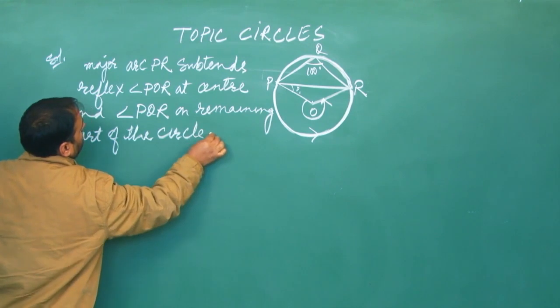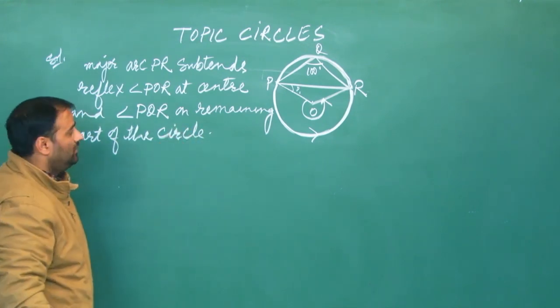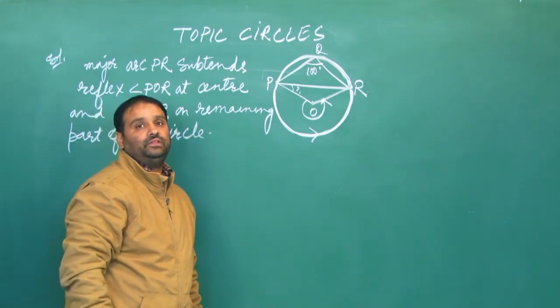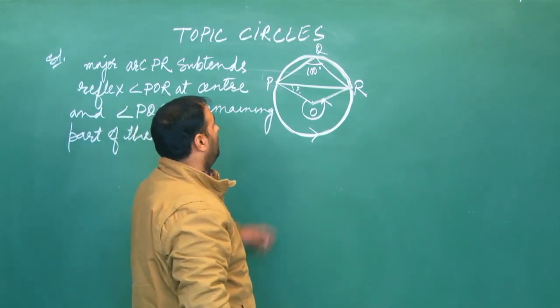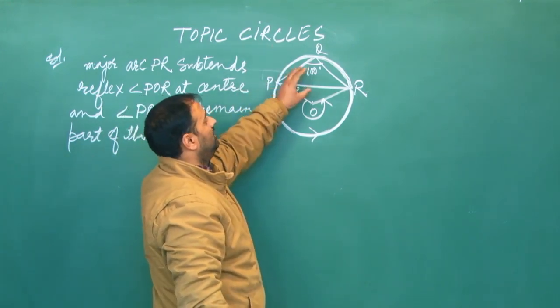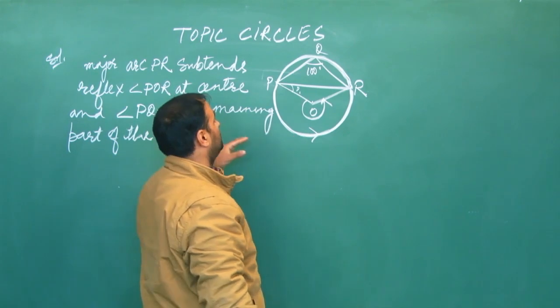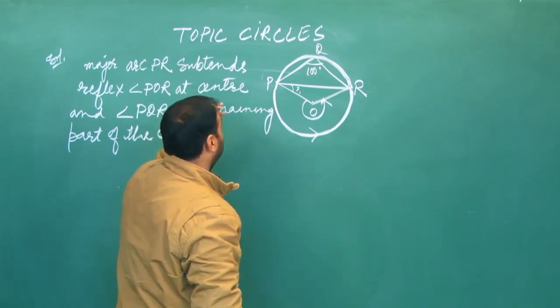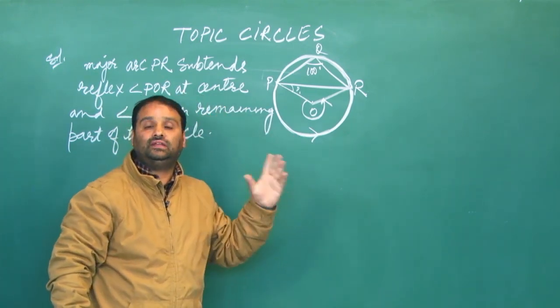So, it is very easy to identify the central angle with the help of the remaining part of the circle's angle. If the angle on the remaining part of the circle lies in one arc, then the central angle lies in another arc.